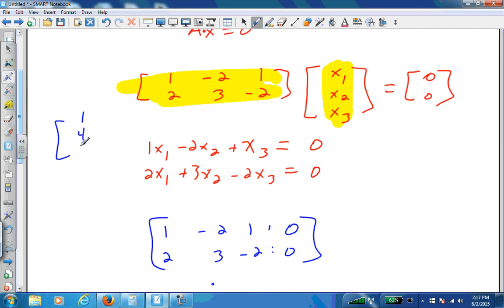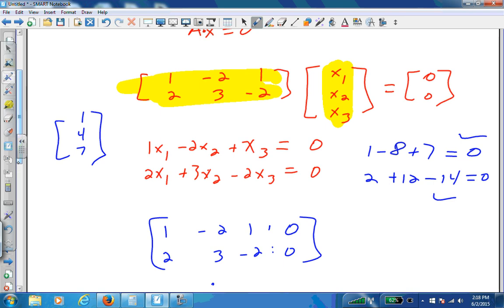And let's just look at that and verify that that really is a solution. If we put a 1 in, we get 1 minus 8 plus 7, which is 0. We get 2 plus 12, 4 times 3, minus 2 times 7, which is 0.